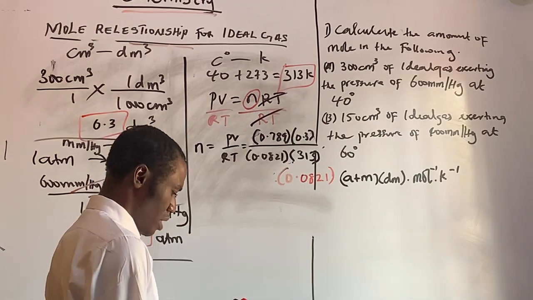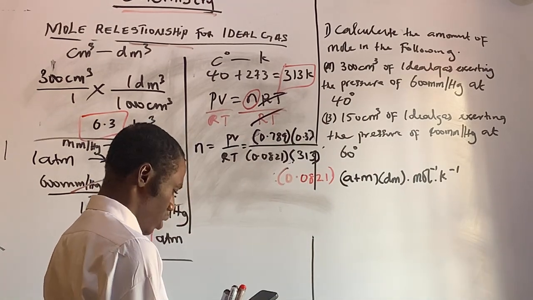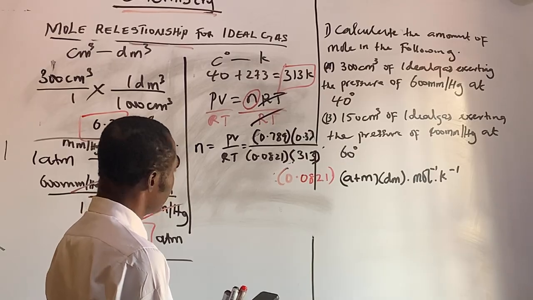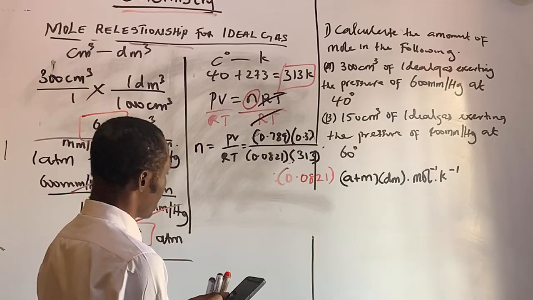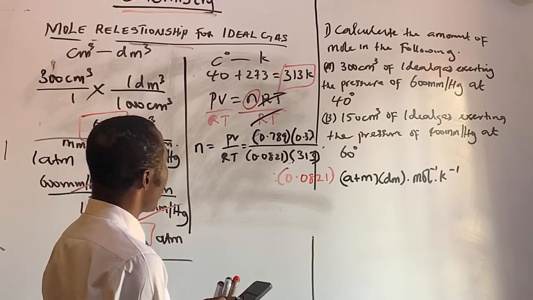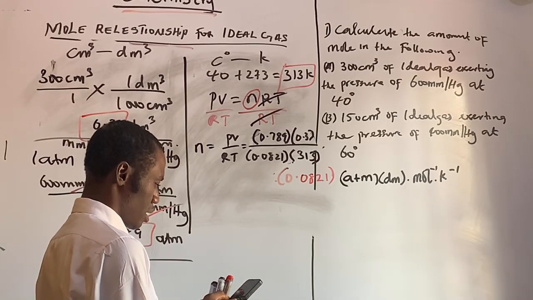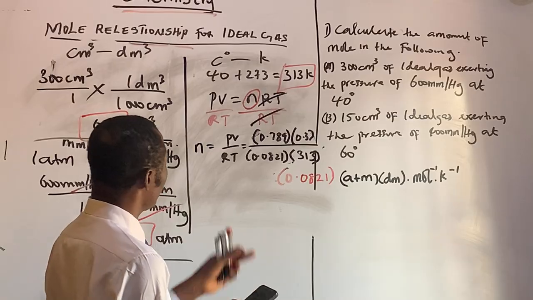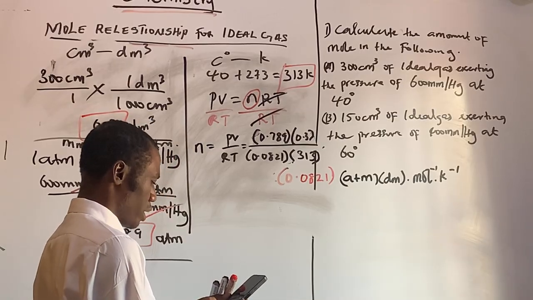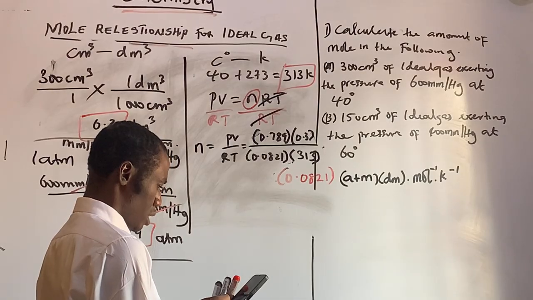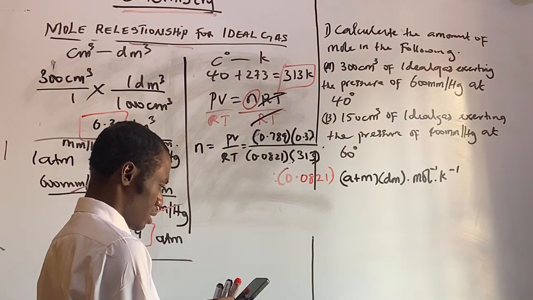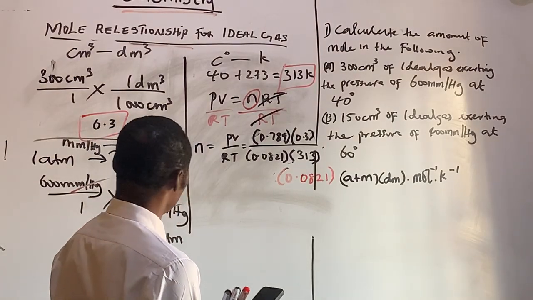So we have 0.789. Sorry for that. Let's start again. Pressed the wrong thing.